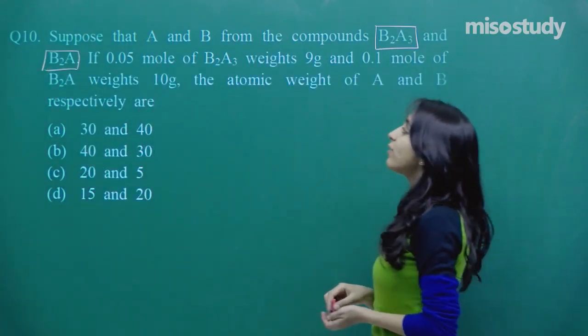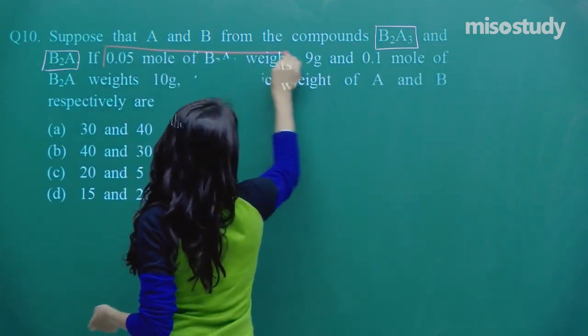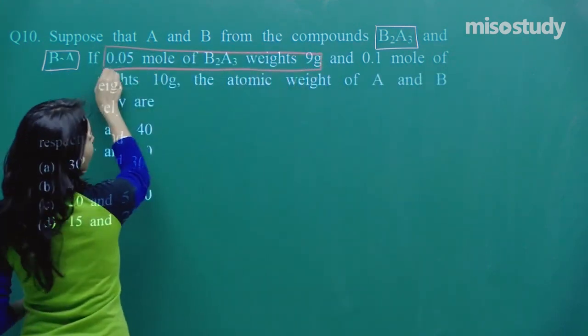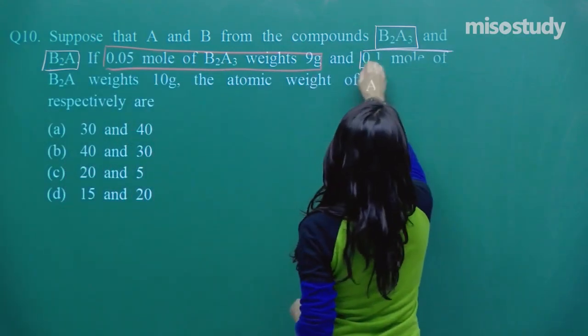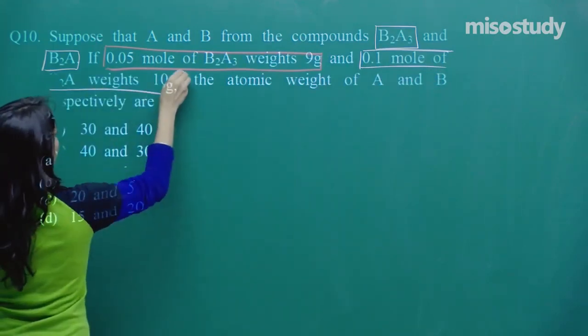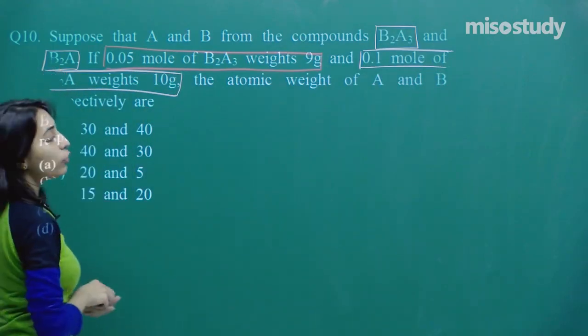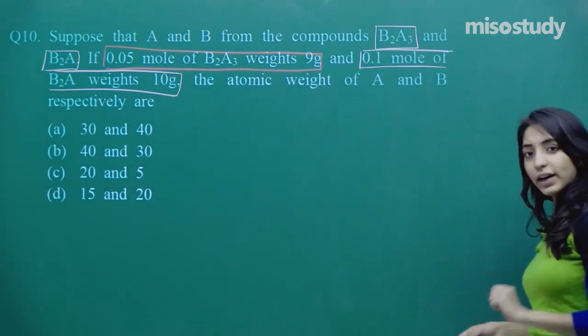If 0.5 moles of B2A3 weighs 9 grams and 0.1 moles of B2A weighs 10 grams, you need to simply calculate what is the atomic weight of A and B, right?